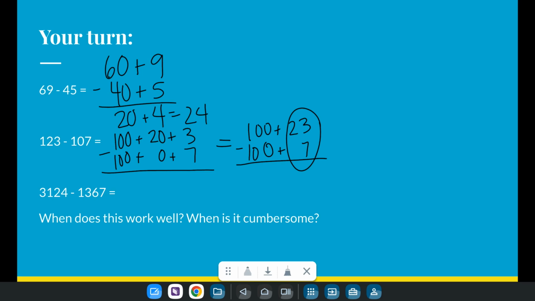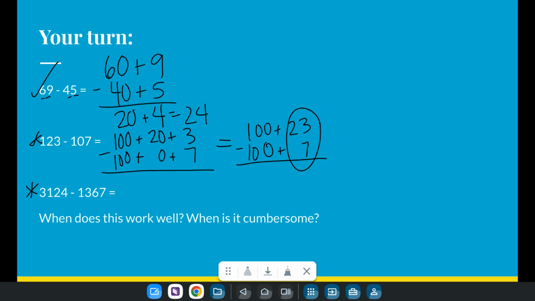So you'll notice that it works great with a problem like this, where all the digits in the top number, so to speak, are larger than all the digits in the bottom number. But as you get into some more realistic, harder subtraction problems, you're going to find that this strategy is going to fall apart for kids if they don't understand how to deal with negative numbers.